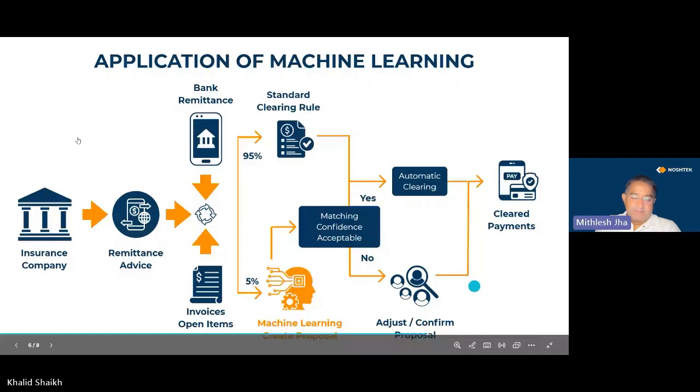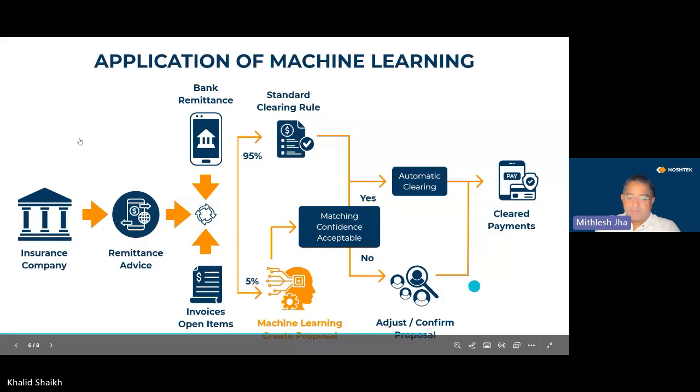Based on what you see here, this is quite a familiar process in any kind of SAP FICA or FICA-similar, FSCD or PSCD flavored solutions. You will see that companies receive remittance advices, and then you have banks providing you remittance advices.